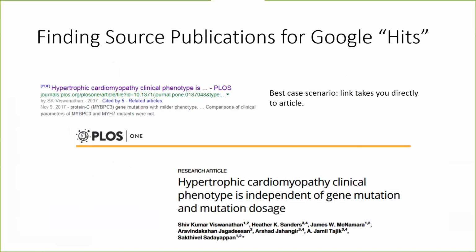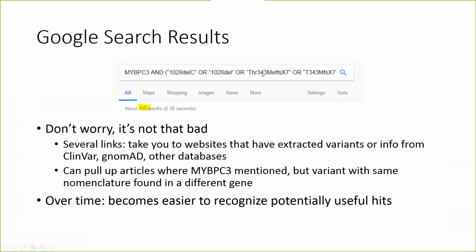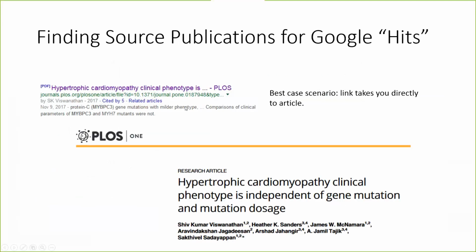So this is really the best case scenario. We did our Google search using these terms over here in our search string, and one of our hits early on is a PDF file titled Hypertrophic Cardiomyopathy Clinical Phenotype is something something. This article looks to be by S.K. Viswanathan in 2017.